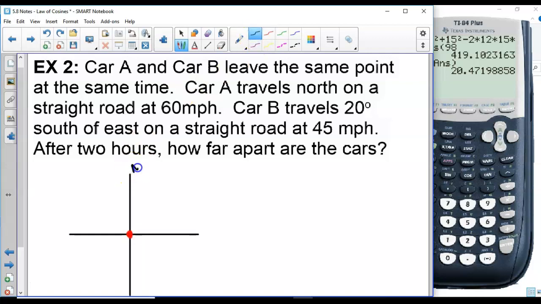And this is north, this is south, this is west, this is east. And so car A travels north on a straight road at 60 miles per hour. So car A, it's going to go north.